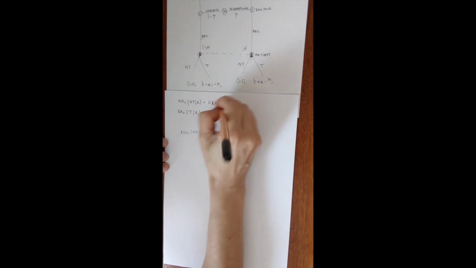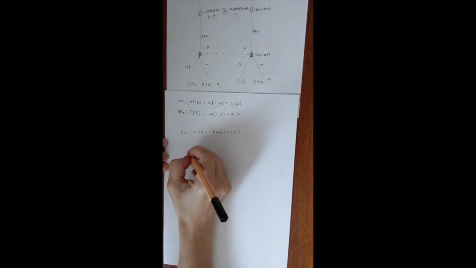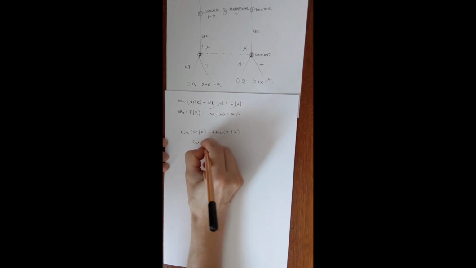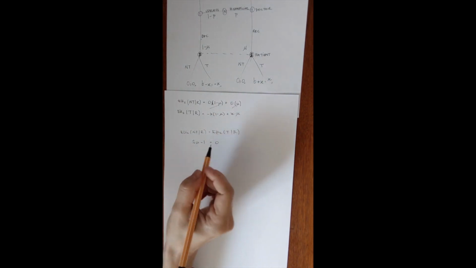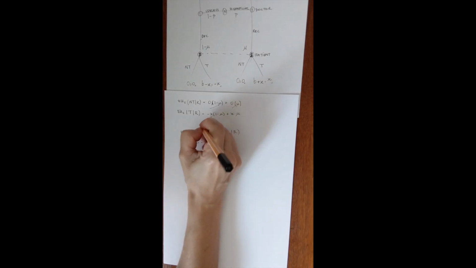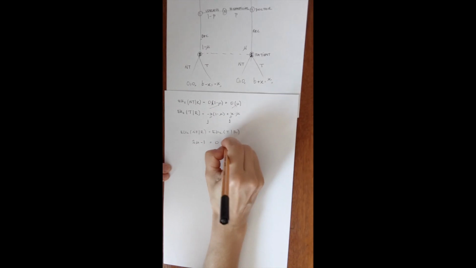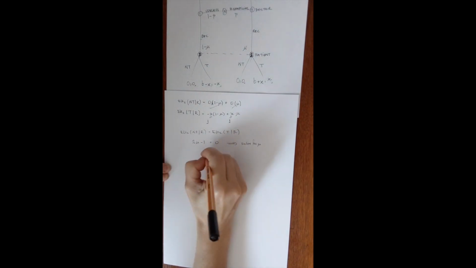Since all of these are zeros, what we solve for in the end is 2 mu minus 1 equal to 0. The reason I'm saying 2 mu minus 1 is because I've replaced my x's with 1. If we solve for mu, mu is then equal to half.